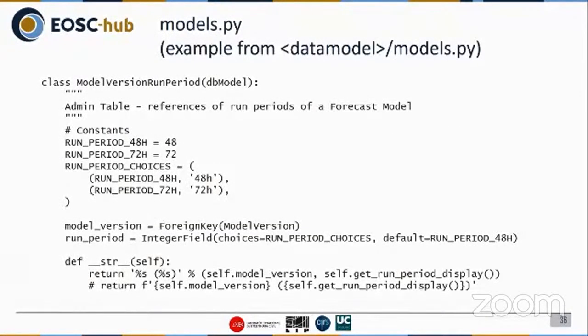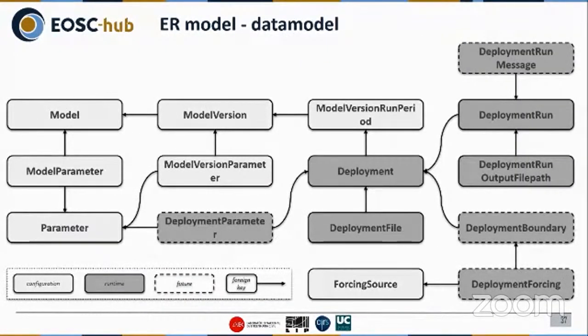Here is an example of the models.py file for the data model app, representing a table named model version run period with some fields such as model version and run period. Finally, we present the general overview of the entity relation model for the data model app, separated by configuration-related models and runtime-related models.